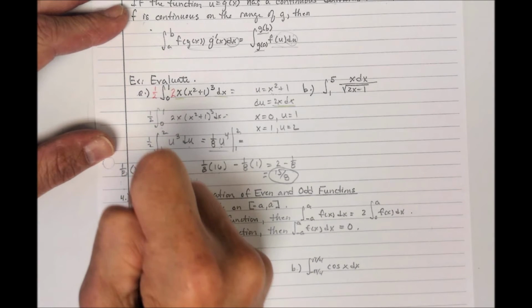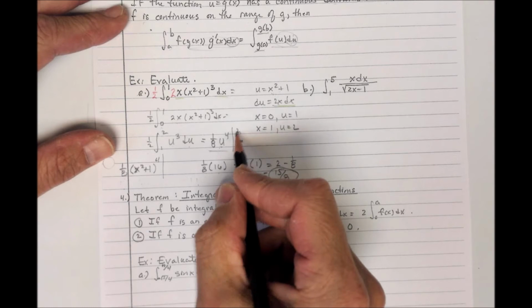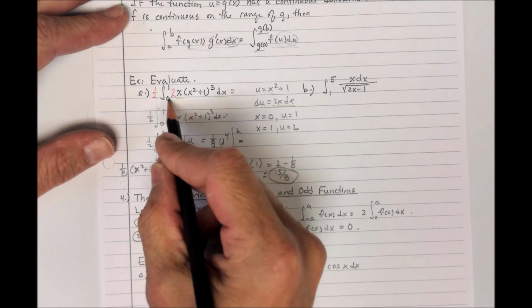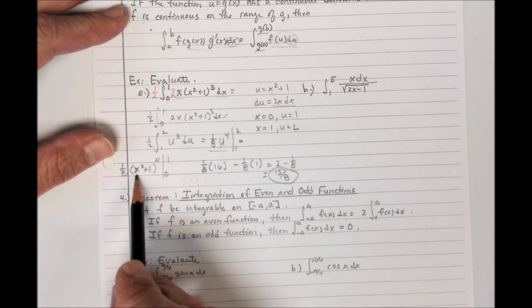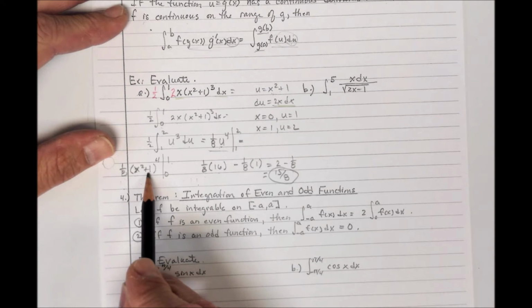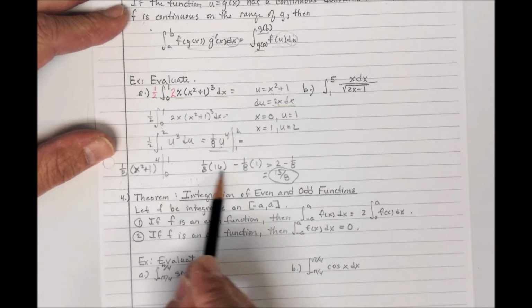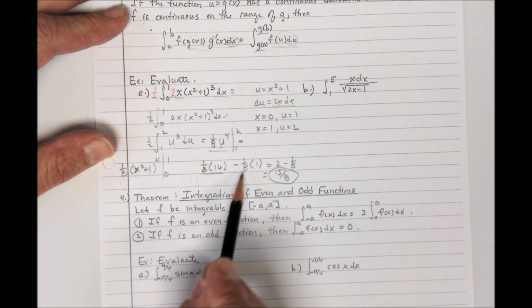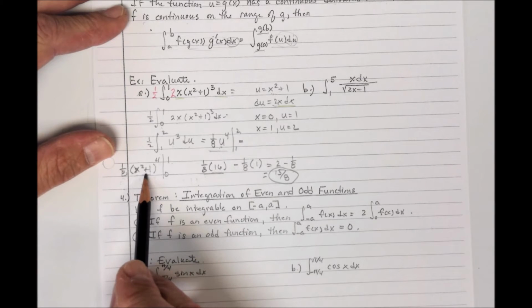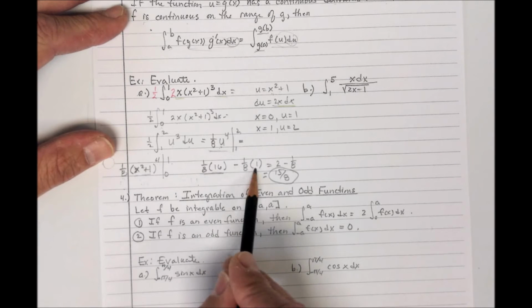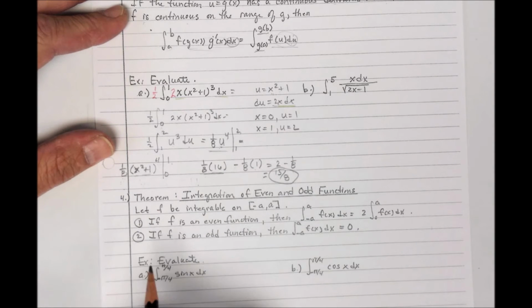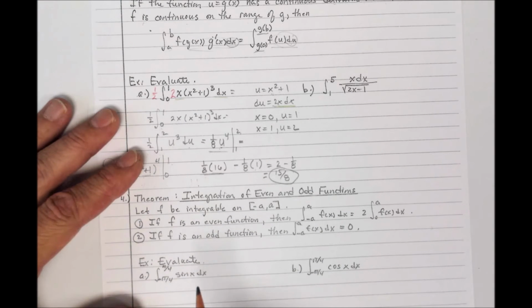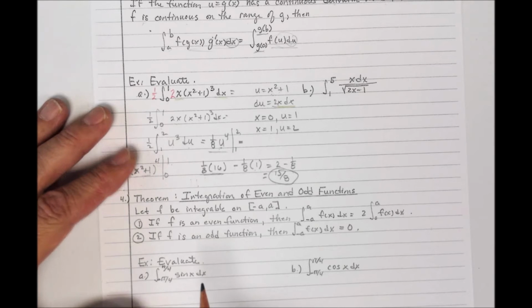But this time, instead of having 1 and 2, because that was in terms of u, if I go back to the original ones, 0 and 1, look what's going to happen. If I plug a 1 in here, I have 1 squared plus 1, which is 2 to the 4th power, which is 16. I get this. Minus, then I plug 0 in here, that's just going to be a 1 to the 4th power, which is just 1. So I get right back to there. If you want to make the substitution back in, then you have to put it back in terms of x, the limits of integration.